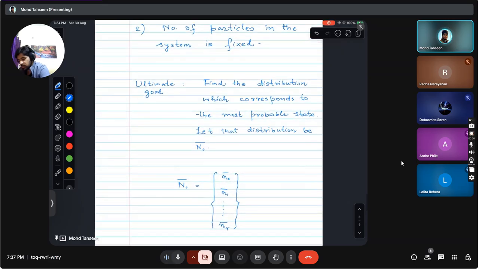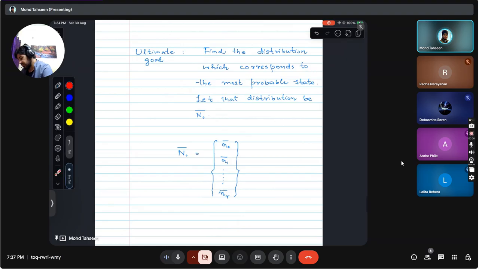At the most probable state, what is the number of particles present inside each energy level? That is the information contained in n naught. My goal is to eventually find this distribution and relate how n naught bar is related to the energy E naught, and similarly for other energy levels.